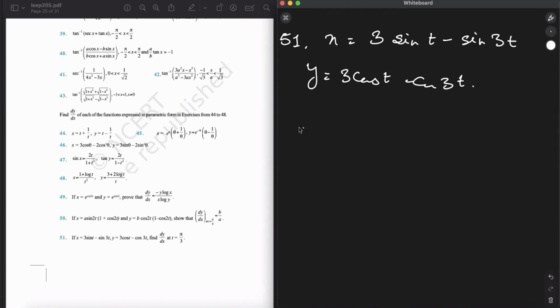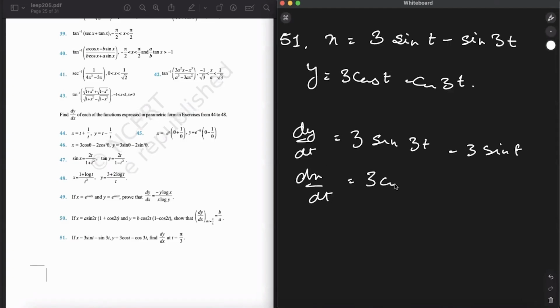So dy by dt is equal to 3 sin 3t minus 3 sin t, and dx upon dt is equal to 3 cosine t minus 3 cos 3t.